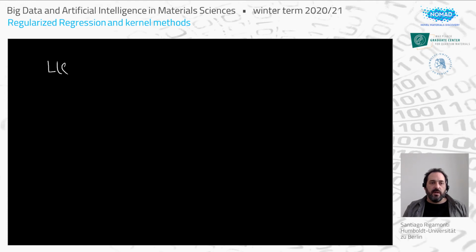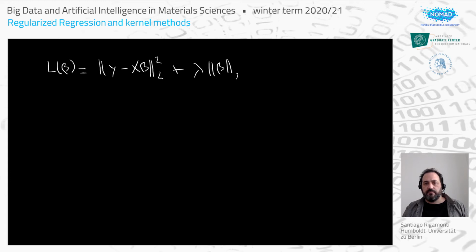So in that case we have the following loss function. We have again the residual sum of squares, y minus x beta squared, plus now just the L1 norm of the coefficients, where the L1 norm is just the sum of the modulus of all the coefficients.